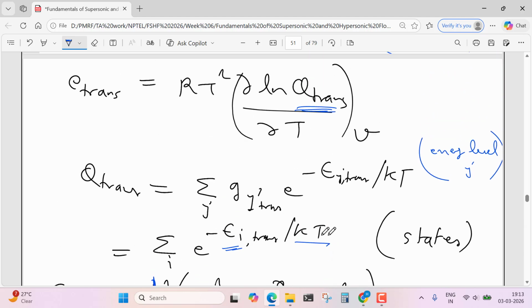And it will be equal to sigma i e to the power minus epsilon i translation upon kT.